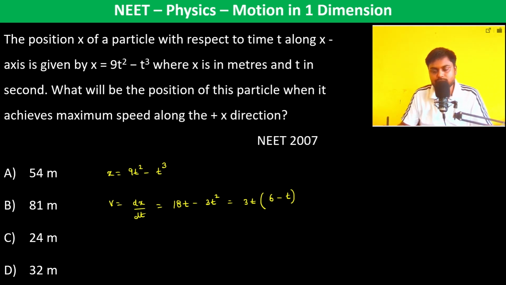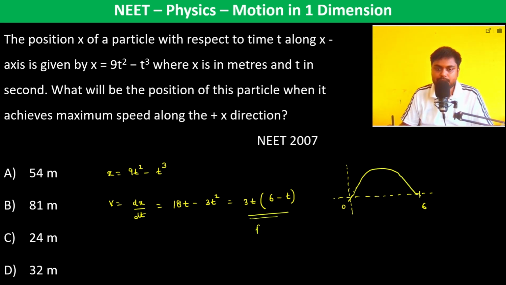So the velocity is basically something like this. t equal to 0, t equal to 6, and the velocity is going to be like this, because this is a parabola having roots at 0 and 6.